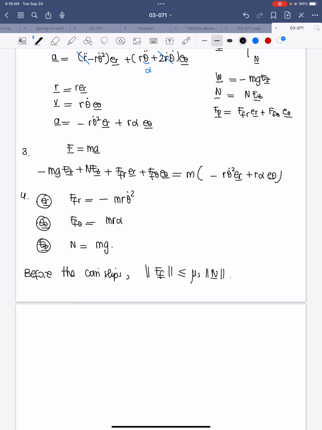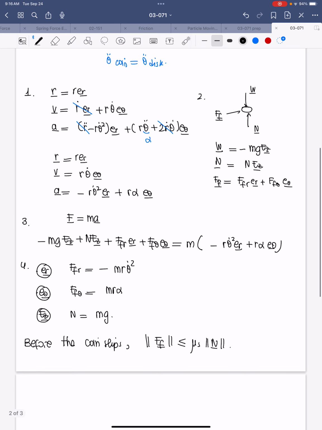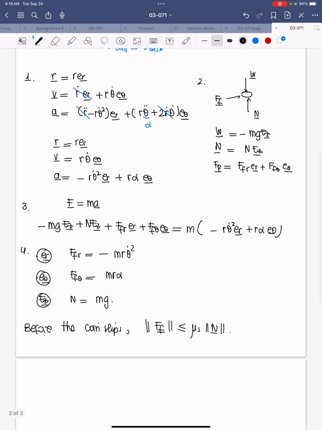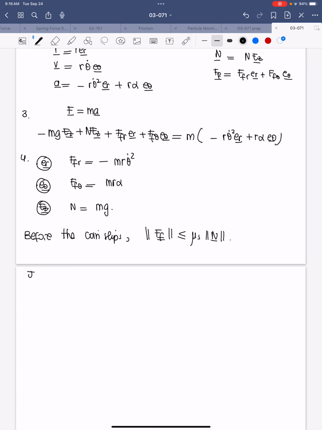Initially the disk is at rest and the friction force is 0. When the disk starts rotating, the friction force starts to increase. The maximum static friction force, just before slip happens, is when the magnitude of the friction force is equal to mu s N. So the friction force is increasing as the disk gains speed.